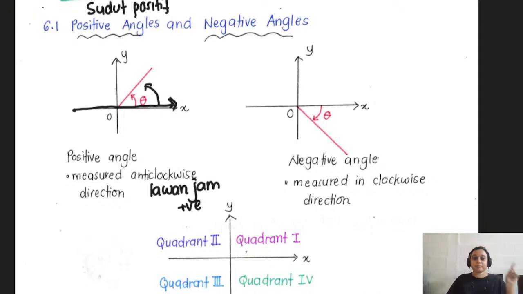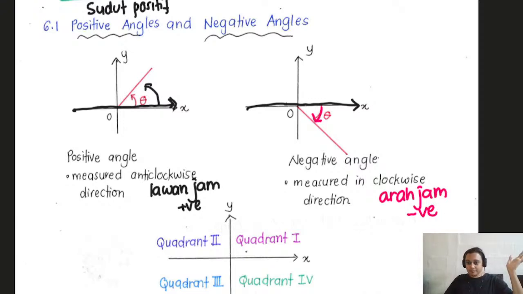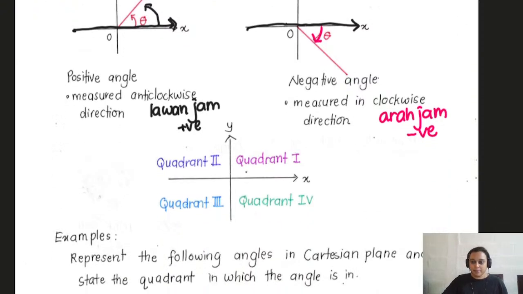Tapi for negative angle, sudut negatif, you also start daripada paksi x. Kita mula, we also start from x-axis, but we will go clockwise, arah jam. So remember this. Positive, lawan jam, anti-clockwise. Negative, clockwise.